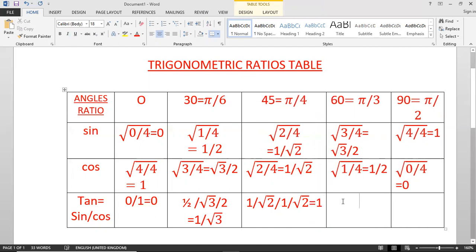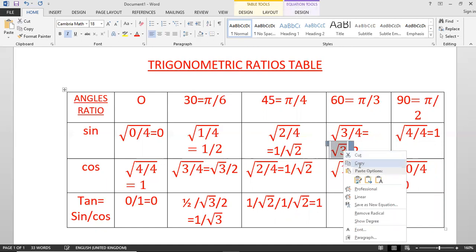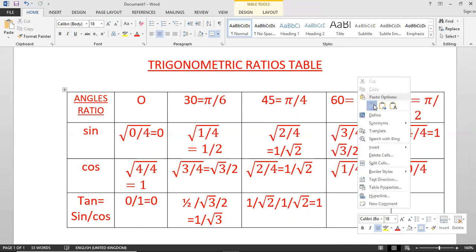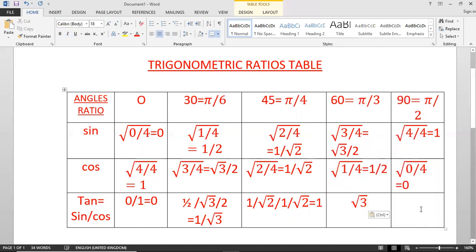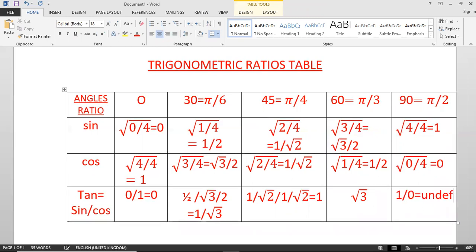And similarly, from this value, the simple answer will be under root 3. And here it will be 1 divided by 0, so the value will become undefined. Because we don't have any value, the answer will be 1 over 0, which is undefined.